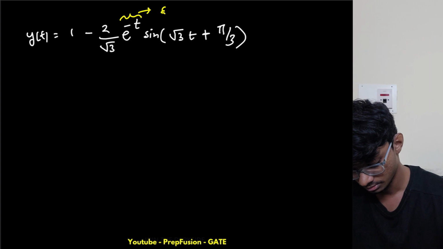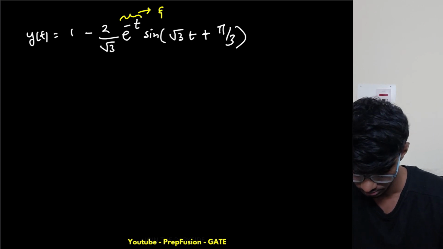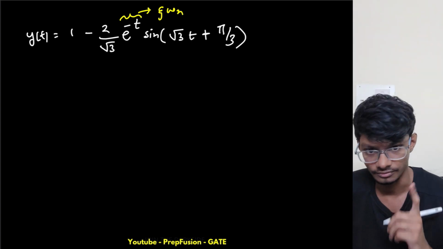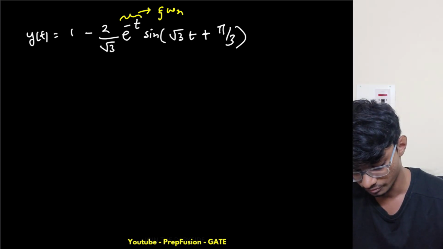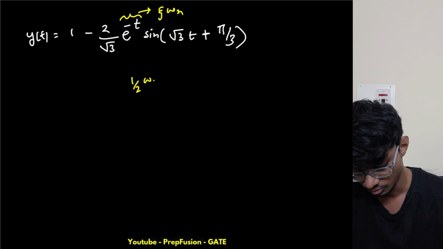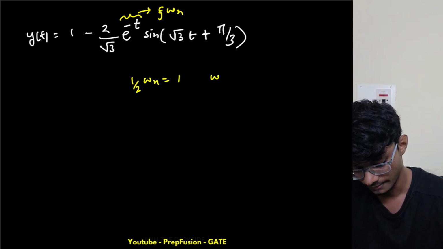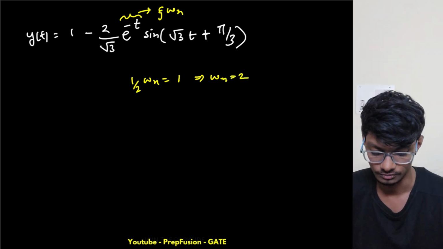This one is my zeta omega n. Zeta is half, and omega n I don't know, while this equals 1 itself. So omega n equals 2.